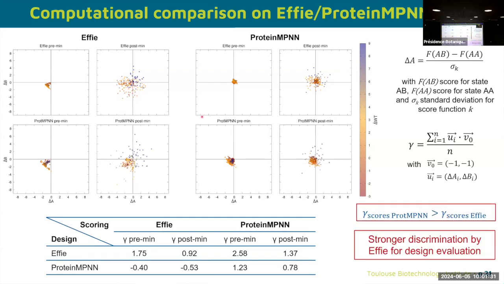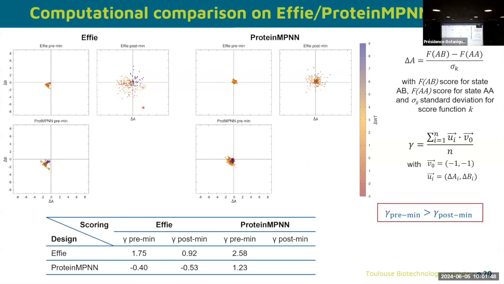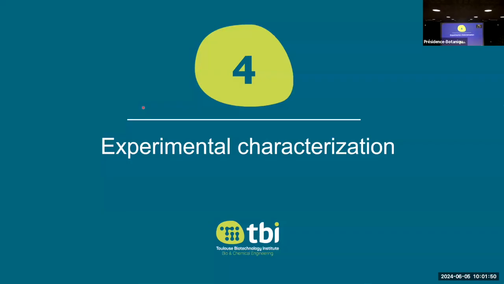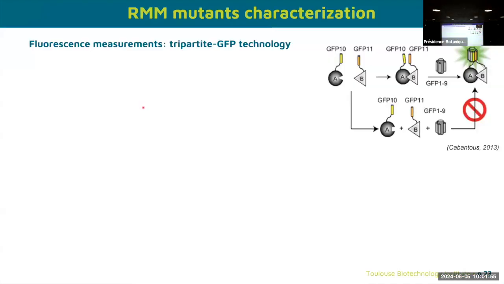Just quickly, for the experimental characterization, we chose the best designs to characterize with the GFP tripartite technology that was developed in the lab. We express both partners, A and B, each with one part of the GFP, and only if we have the heteromeric interaction do we have fluorescence emission.